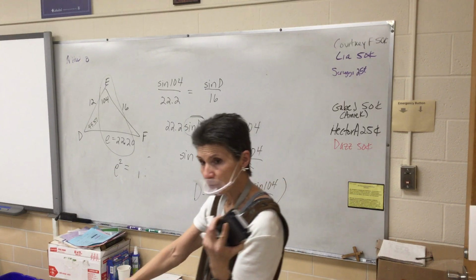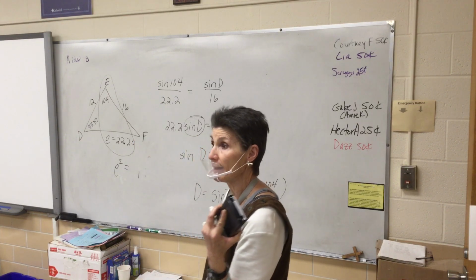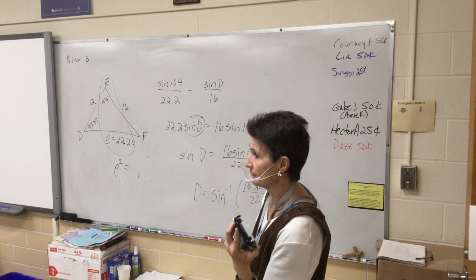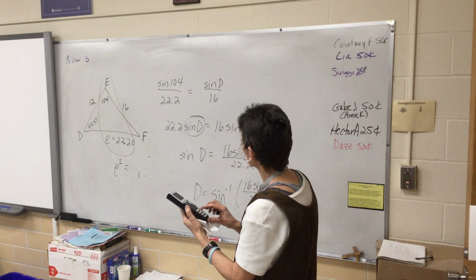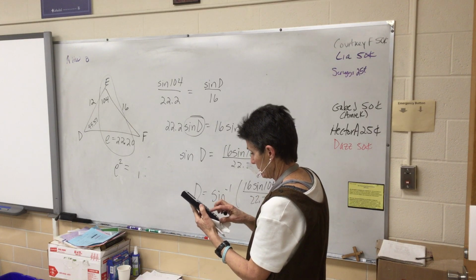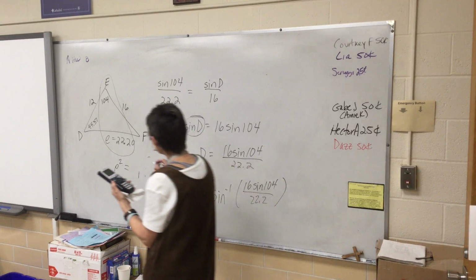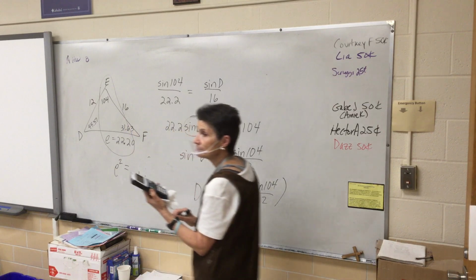Remember, you're filling in those blanks over to the side, so you still have one left to go, angle F, right? What's the easiest way to find angle F? Add up all the angles and subtract them from 180, right? So when I do that, I get 31.63 for F.